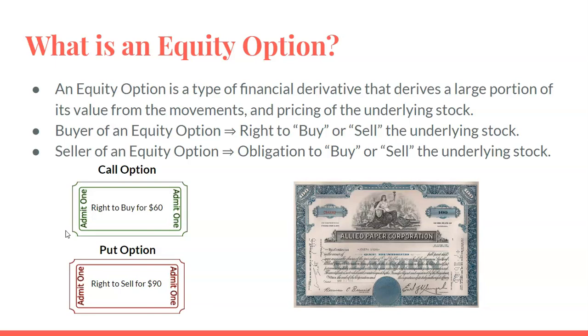Okay, so now let's get into a little more options jargon and introduce what exactly an option is when we're talking about its function. The buyer of an equity option really has the right to do something. If you have the green lottery ticket in this case, we're going to call this the call option.